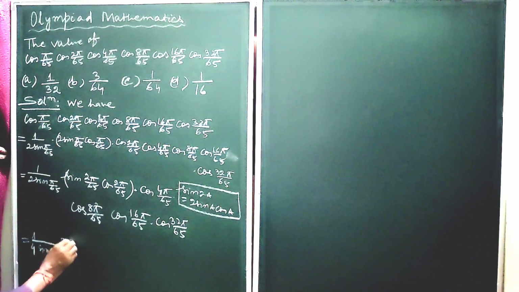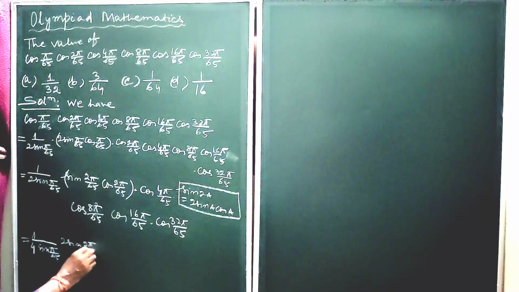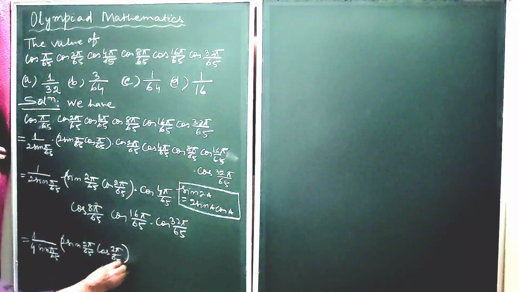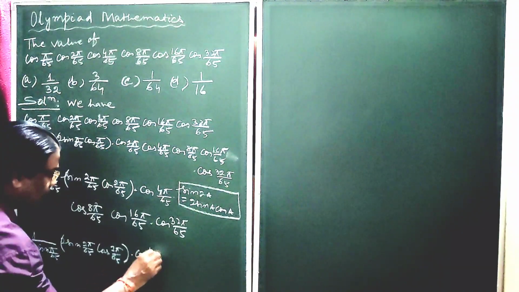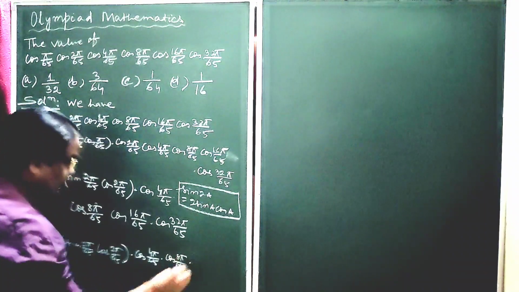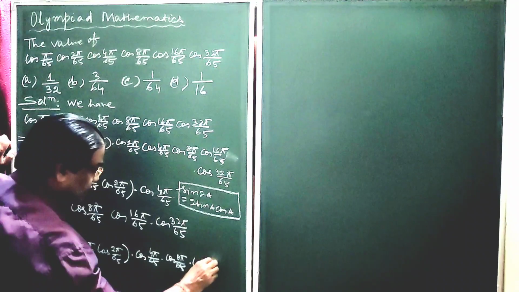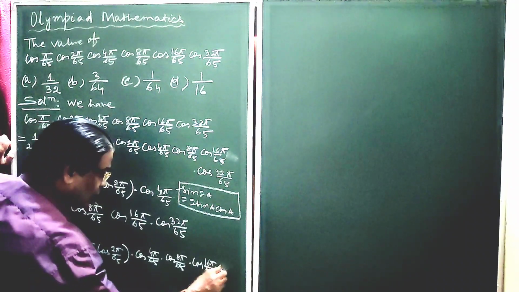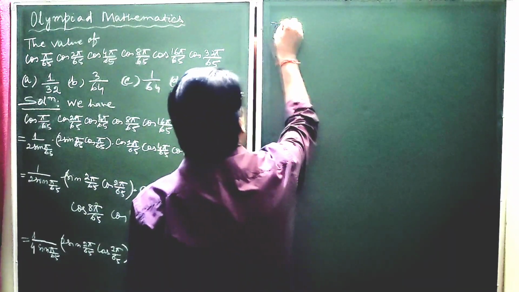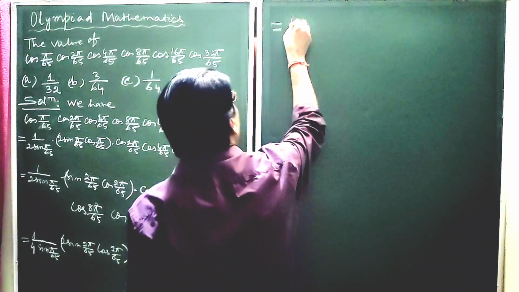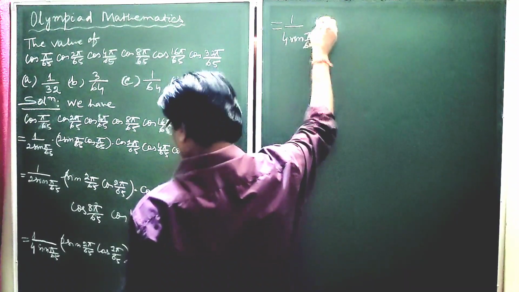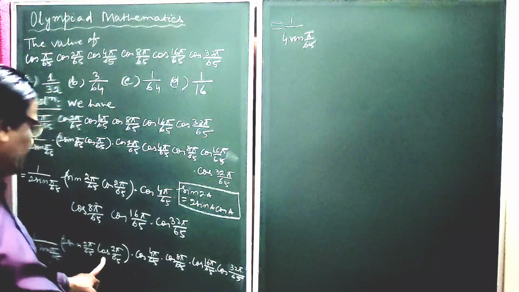Here it will be 2 sin 2 pi by 65 cos 2 pi by 65 into cos of 4 pi by 65 into cos of 8 pi by 65 into cos of 16 pi by 65 into cos of 32 pi by 65.